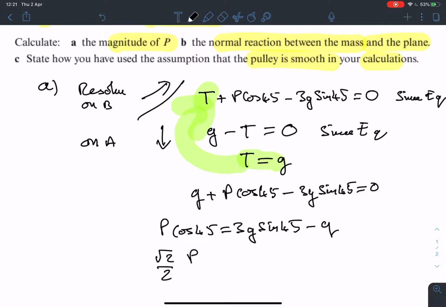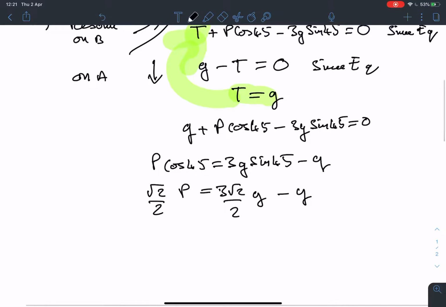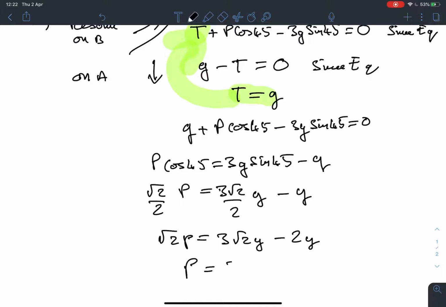So we get root 2 over 2 P equals 3 root 2 over 2 G minus G. Multiply through by 2, so we get root 2 P equals 3 root 2 G minus 2G. Divide by root 2, so we get 3G minus 2 over root 2 G.